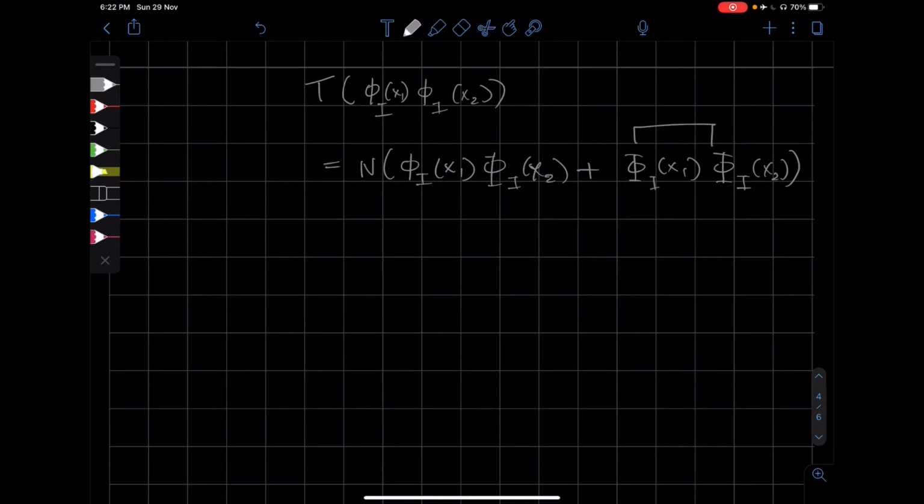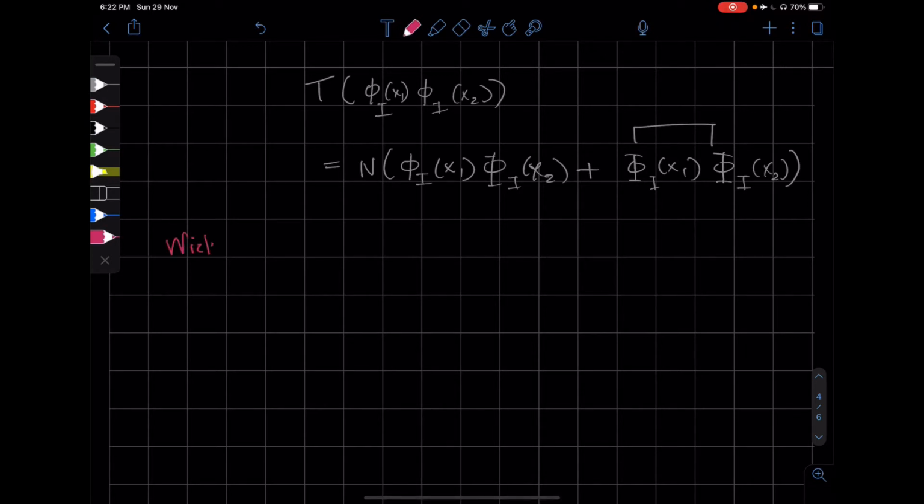Now, we want to prove a version of Wick's theorem for more than two operators. So let us first state what Wick's theorem is for more than two operators, or a general number of operators.